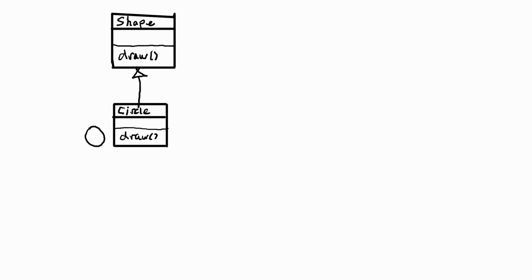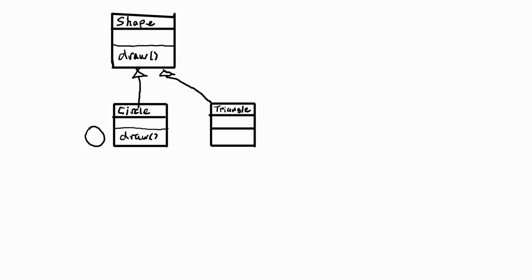And this time we're going to create another class, and I'm going to say this is really a triangle. And it is also going to inherit from the shape class.